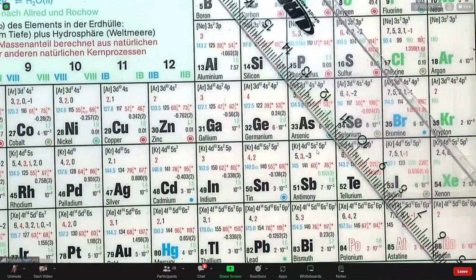So here, arsenic and antimony are half metals in the transition area. And the bismuth is the only pure metal in the fifth group.